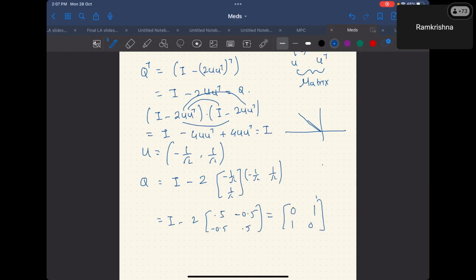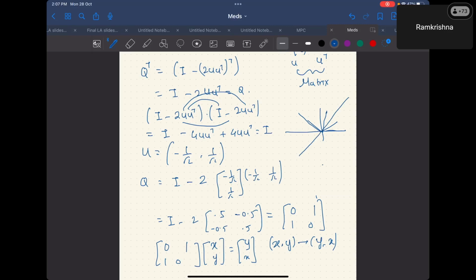Okay, in R2. So if I take any arbitrary vector x and y, I multiply this by 0, 1, 1, 0, all I get is y and x. So xy goes to yx. Just like if I'm here, a 2, 1 vector will go to a 1, 2 along this line.